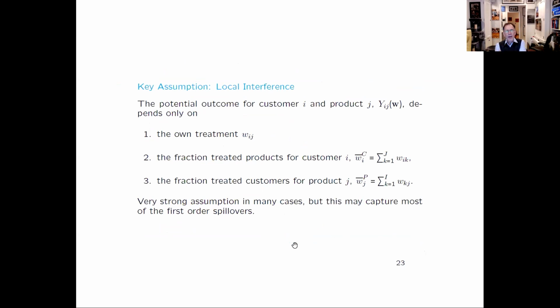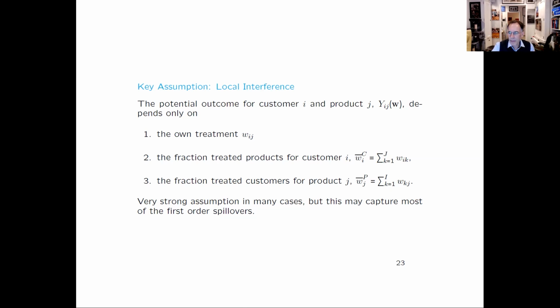And so one of the key assumptions we are considering here, and I don't want to sell that as an assumption that is particularly plausible in all cases, but it's a natural one that limits the spillovers to what in many cases would be the first order spillovers.